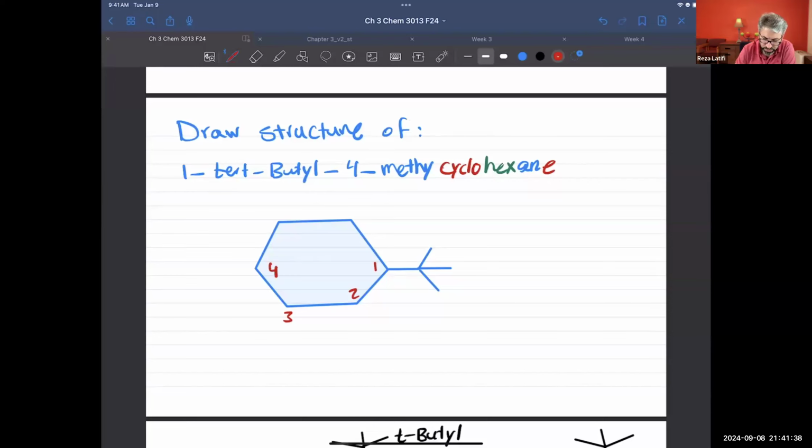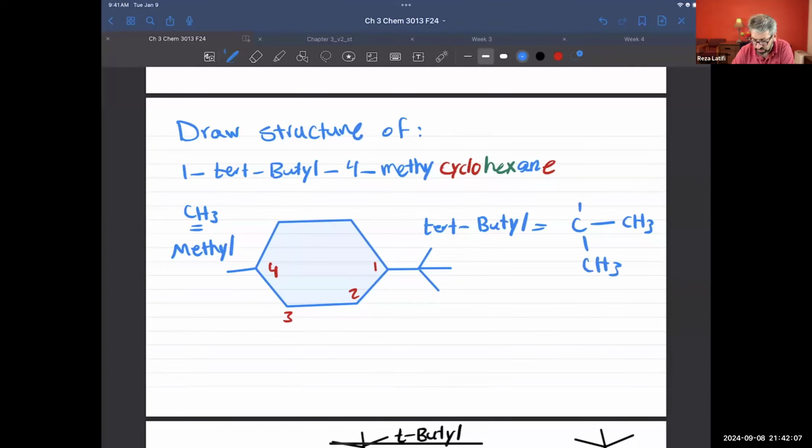On the fourth one, we have a methyl group. So this is going to be tert-butyl, and this is going to be the CH3 or the methyl group. This one is equal to a carbon attached to CH3, another CH3, and another CH3, and this one attached to something.